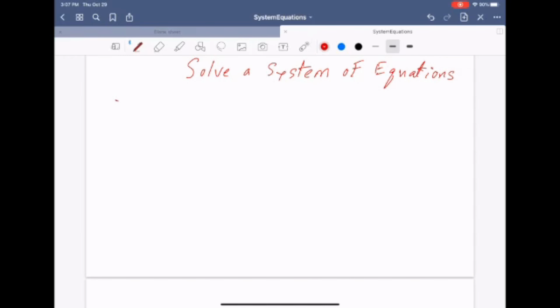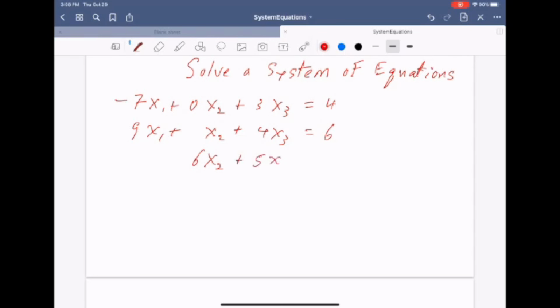Minus 7x1 plus 0x2 plus 3x3 equals 4, and 9x1 plus 1x2 plus 4x3 equals 6, and the final one is 6x2, so there's no x1 in this one, plus 5x3 equals 6.